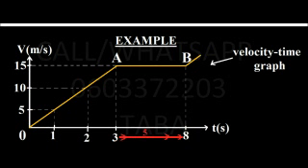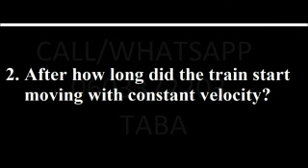That takes only 5 seconds. That means the train maintained the constant velocity for 5 seconds. And then the first question has been answered.